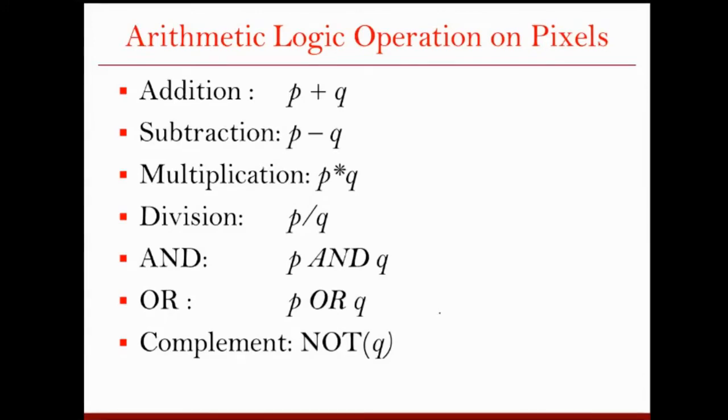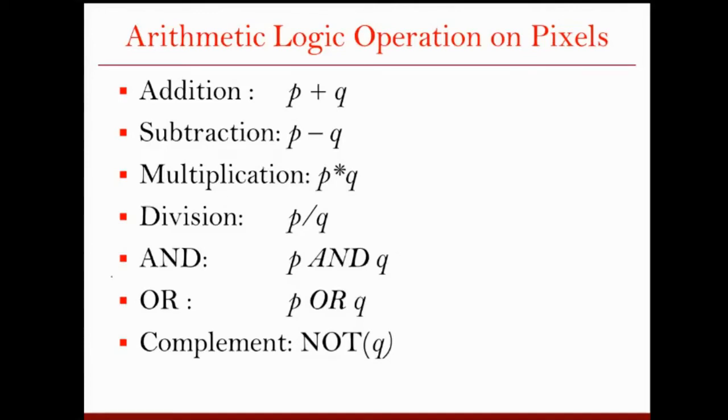Either we just consider one pixel and do some operation on that pixel, or to compute something at a particular pixel, we not only consider the information from that pixel, but also the information from neighboring pixels. Those two ways of processing the pixels we are going to see now.